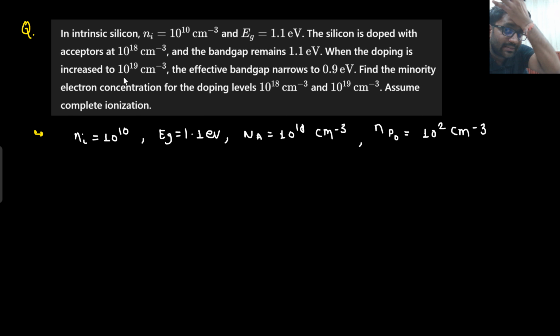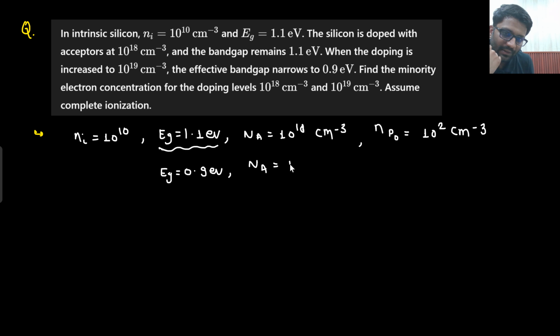But now when the doping has become 10 to the power 19, the effective band gap has become 0.9 electron volt. At that time the band gap was 1.1 electron volt, but now when you have done the doping of 10 to the power 19, this band gap we are getting. So the Ni value now is not equal to 10 to the power 10.